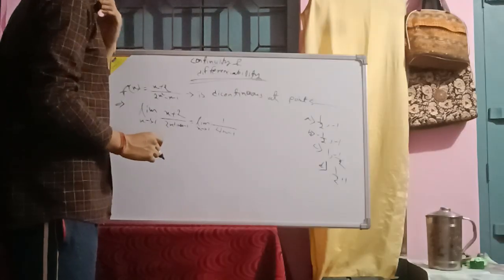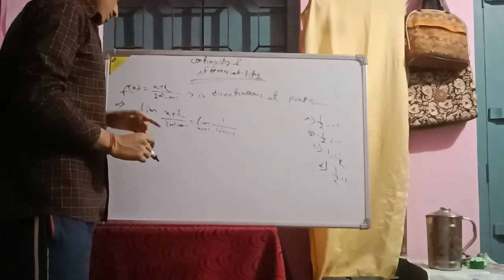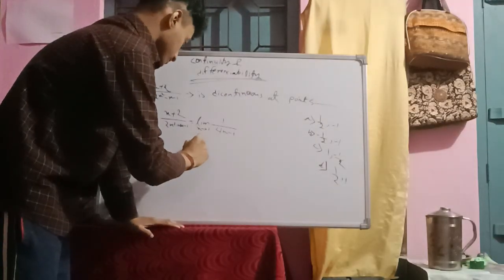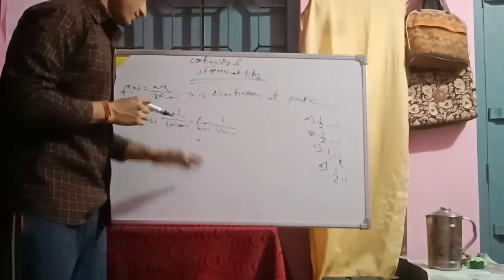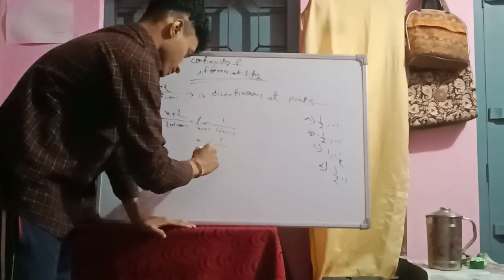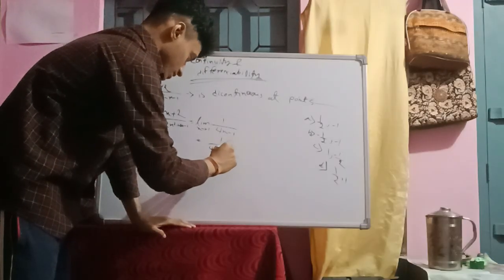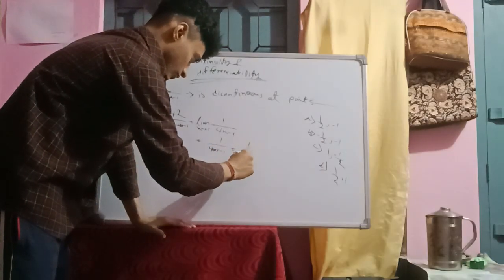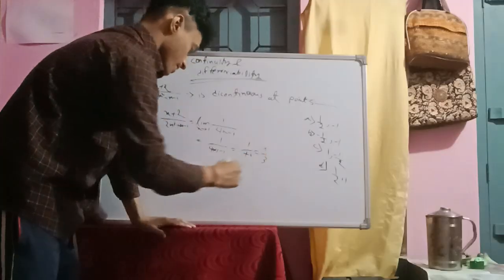Now if you try to plug in 1 for x, we would get 1 over 4 times 1 minus 1, that is 1 over 4 minus 1, that is 1 over 3.